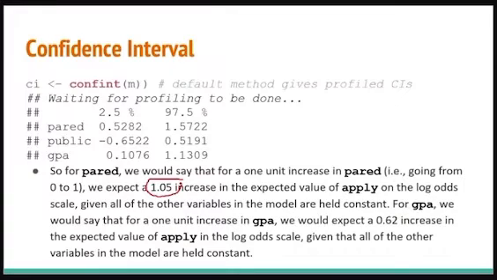You remember the way we interpreted socioeconomic status the other time, going from low to the next level. So here we expect a 1.05 increase in the expected value of apply on the log odds scale. Don't forget, on the log odds scale, because those estimates are log odds estimates.